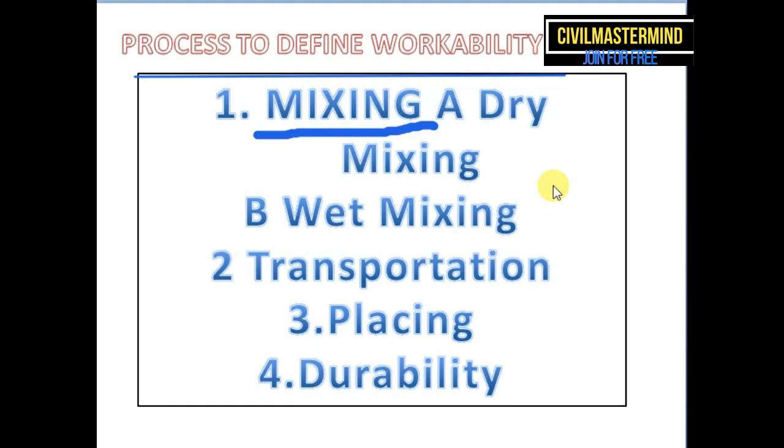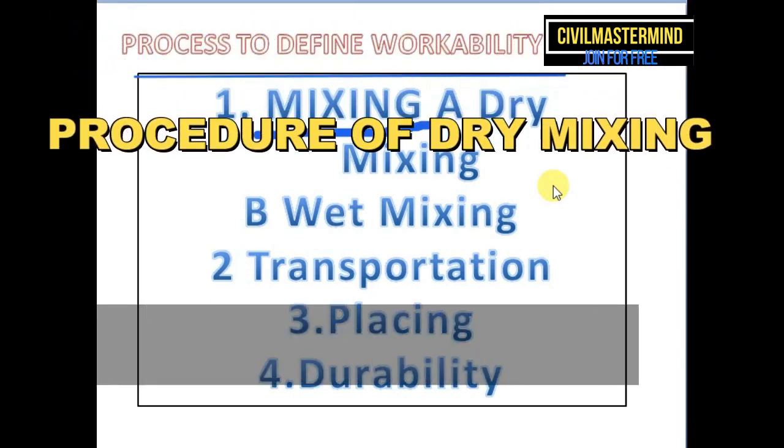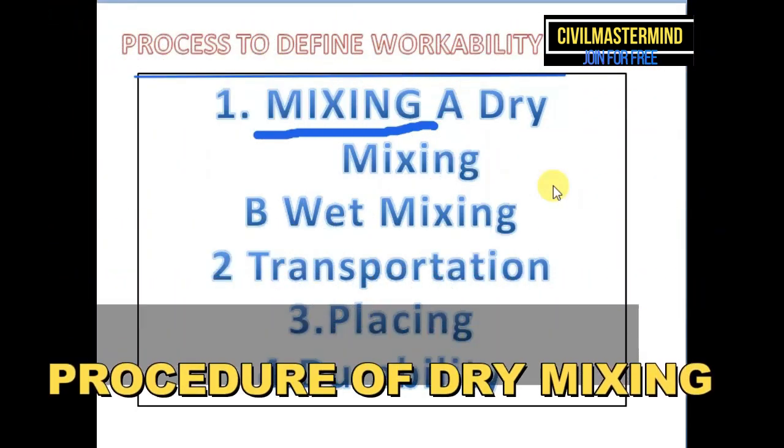And of course cement. Then when it is dry mixing, we mix it up thoroughly in such a way that the color comes out to be uniform. That means the mixing should be in such a way that the full sample should come out to be of a uniform color.